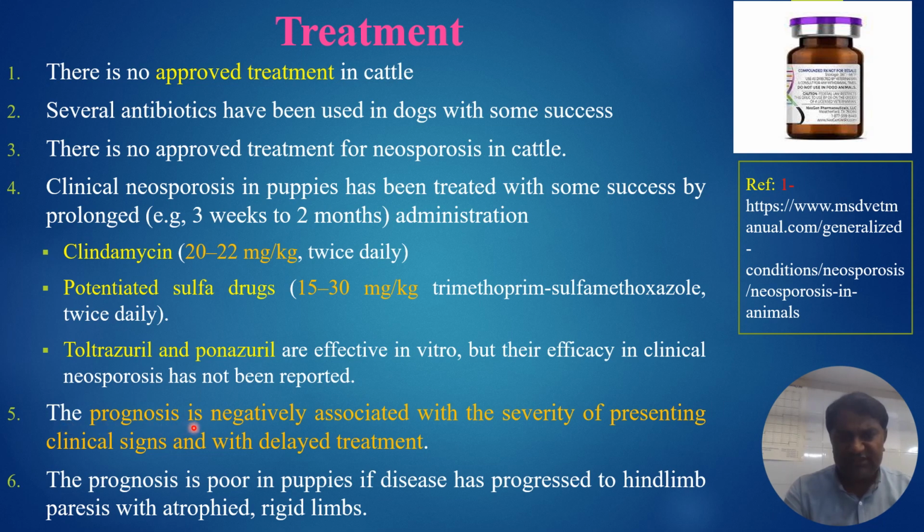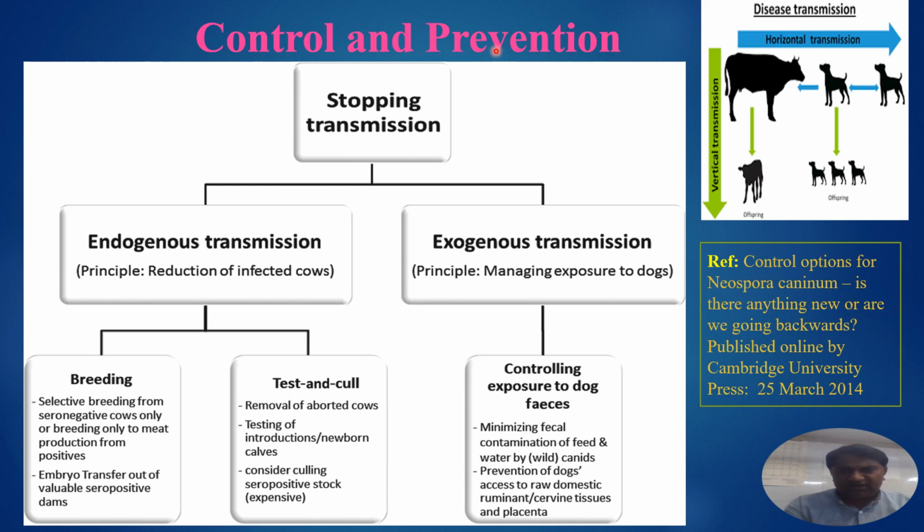The prognosis is negatively associated with the severity of presenting clinical signs and with delayed treatment. Prognosis is poor in puppies if the disease has progressed to hind limb paresis with atrophied, rigid limbs. So this is the control and prevention: stopping the exogenous and endogenous transmission.